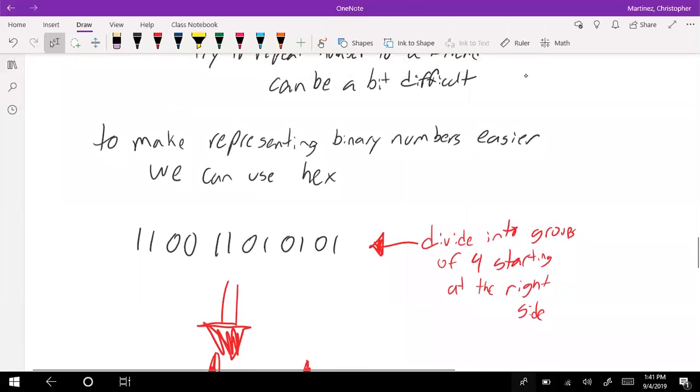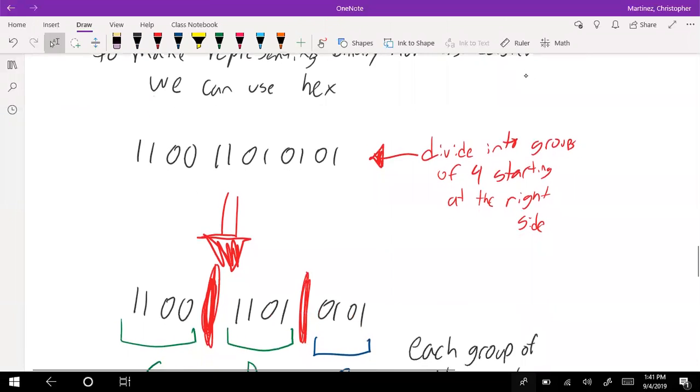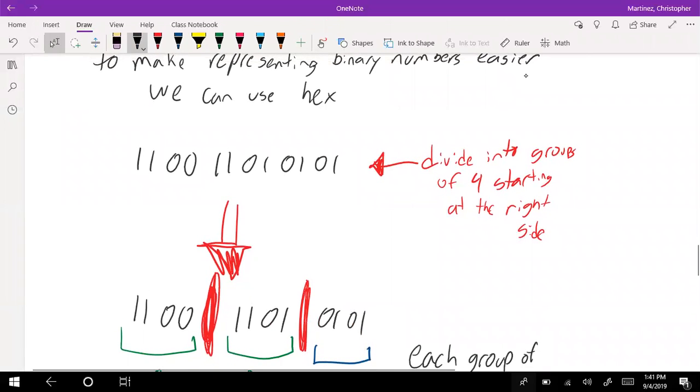All right, so we have the number 1100, 1101, 0101. Now you can make it a little bit easier to talk about by grouping. So let's group everything in groups of 4, starting at the right-hand side. So I took that and I did that. If we look towards the bottom of the screen, we see the groupings of 4.